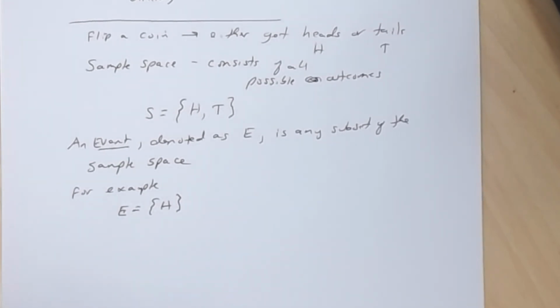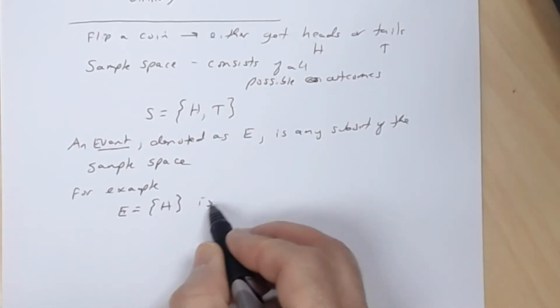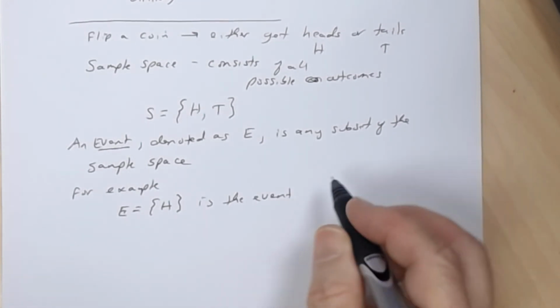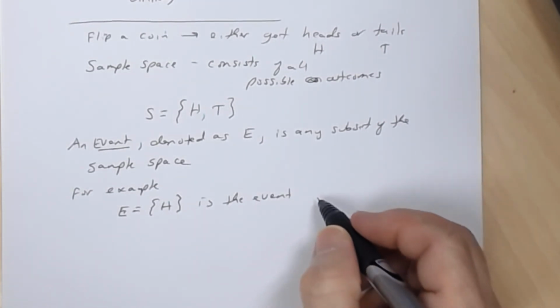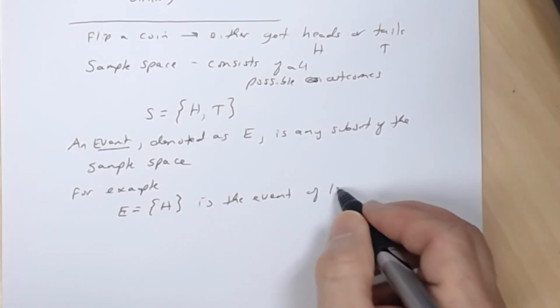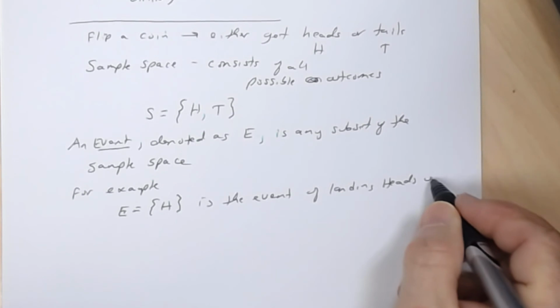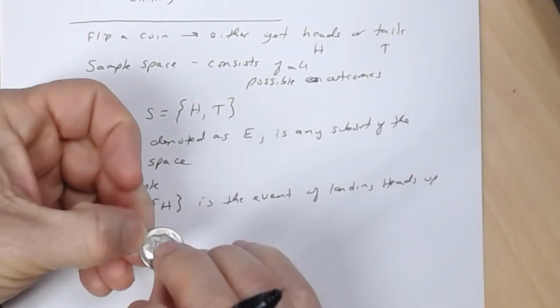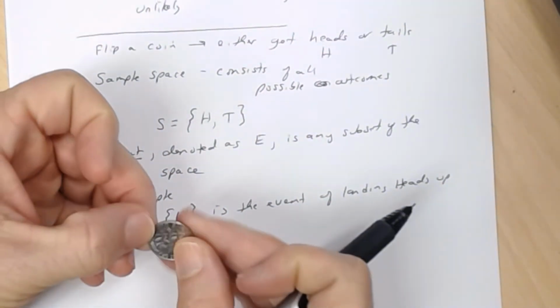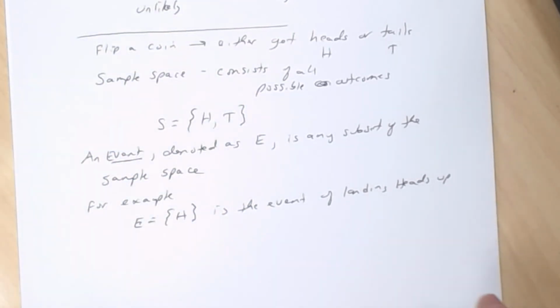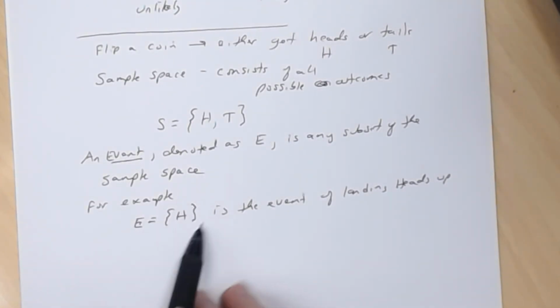So this right here is the event of landing heads up, right? So H, heads lands up, T, tails lands up. So this right here implies the event that heads will land up.